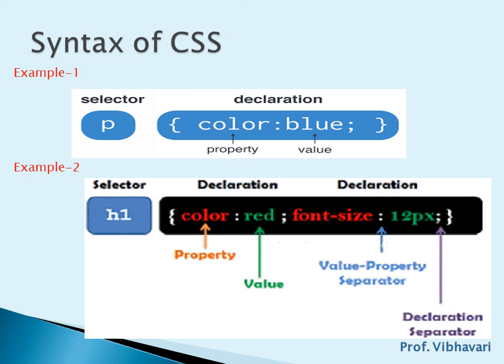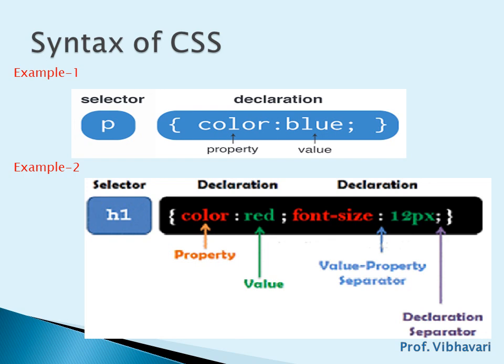Okay, so these are the combination of the property and the value, and this combination is known as the declaration. So here in this CSS syntax for the h1 tag, I declared two properties and their respective values. So here is the basic syntax we always require to set in your CSS documents.